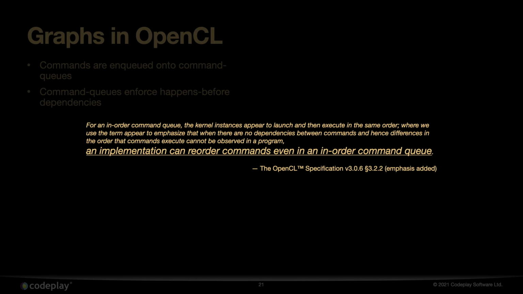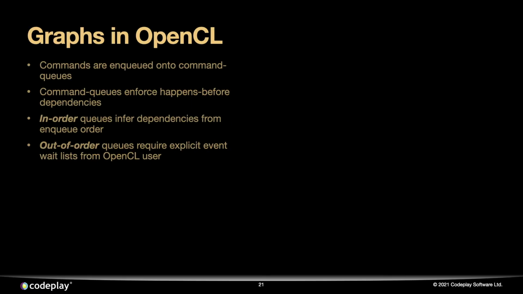And this means that the OpenCL implementation has latitude to schedule work to a graph accelerator device in a way that is appropriate for that device. And for the rest of this talk, I'll focus just on in-order queues because that's what the software stack that I'm looking at is using.